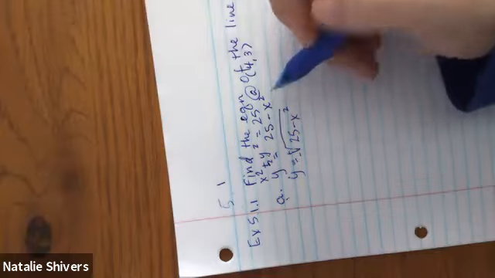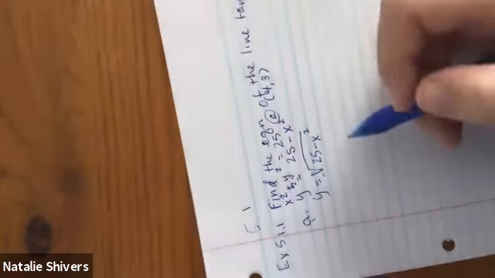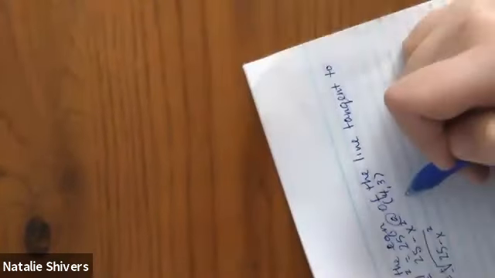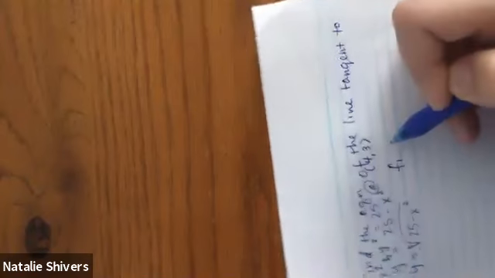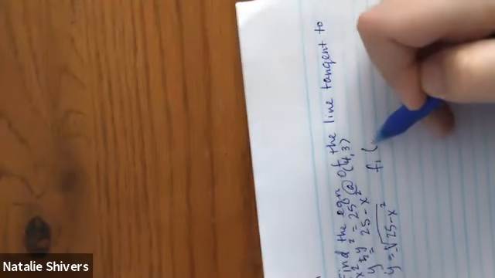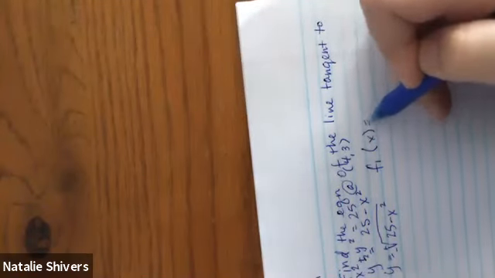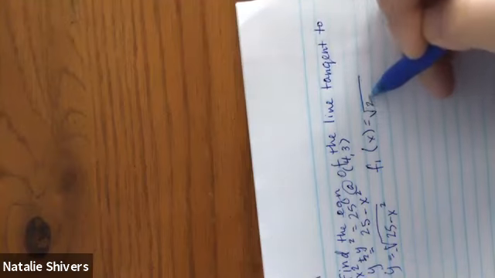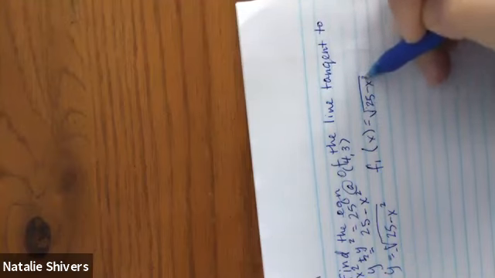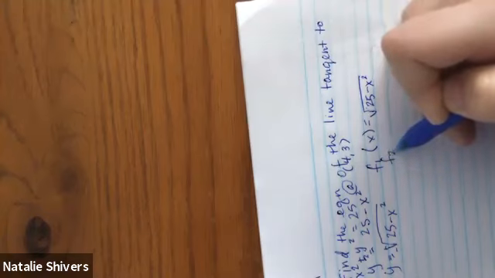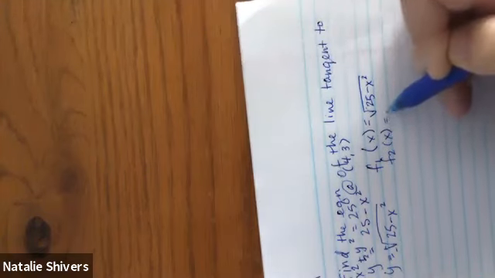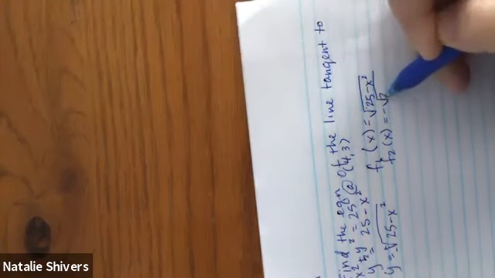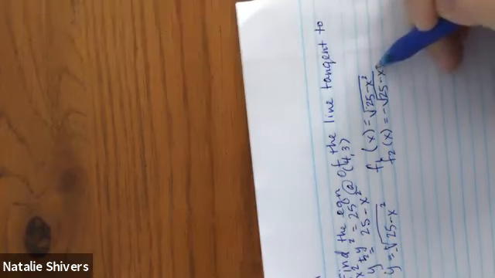Okay, so we have two different roots. We have f1, which is the positive square root of 25 minus x squared, and we have f2, which is the negative square root of 25 minus x squared.